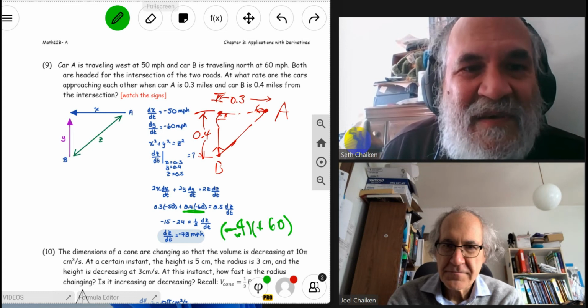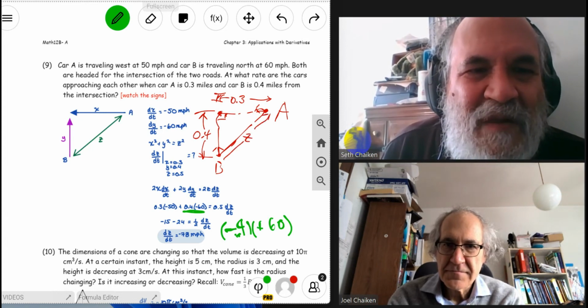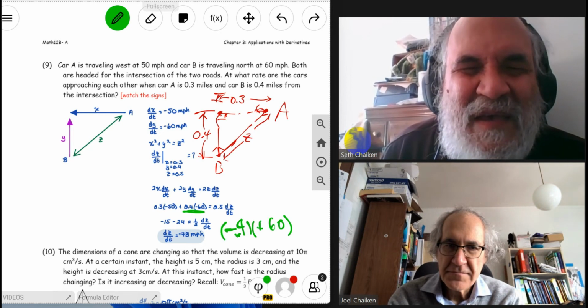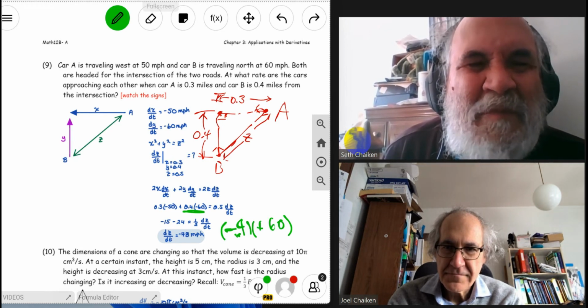Let Z be the distance between car A and car B. I'm not saying from A to B or from B to A, but between. The teacher did put Z here with a double arrow.